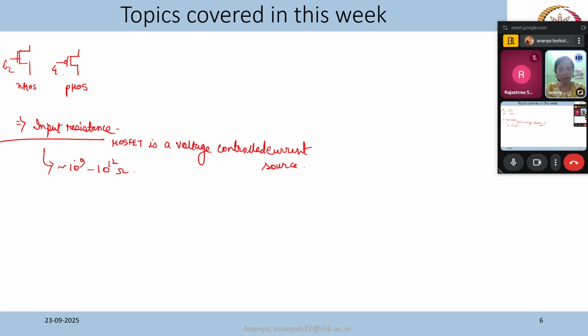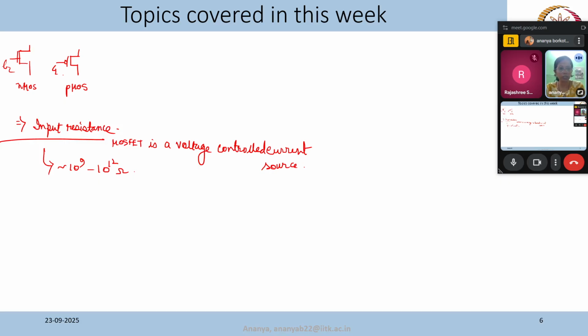And what will happen if the input resistance is very low? Then that terminal will start to draw current, right? If the resistance is low, then current will pass through. But we know that there is no current conduction between the gate and the channel because there is an insulating layer. We consider the insulating layer as ideal, or close to ideal.